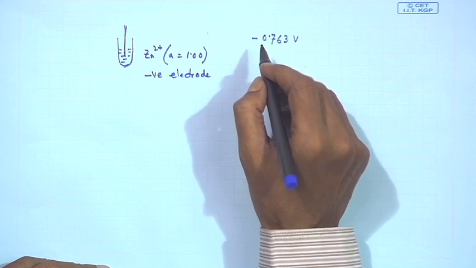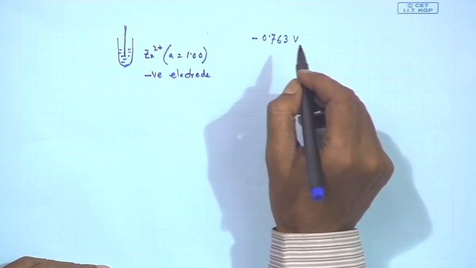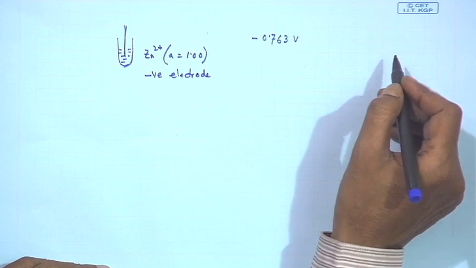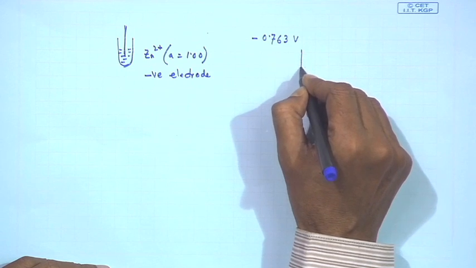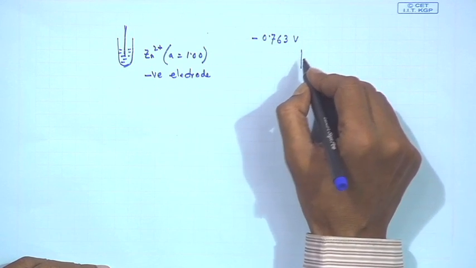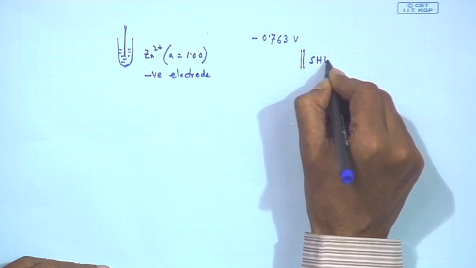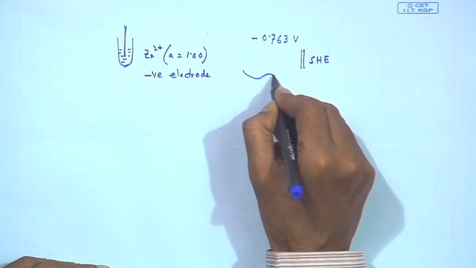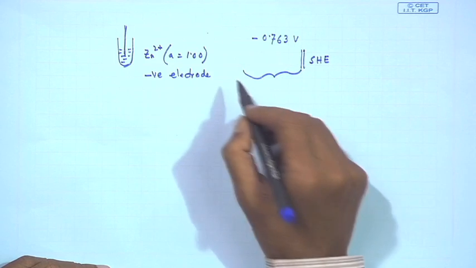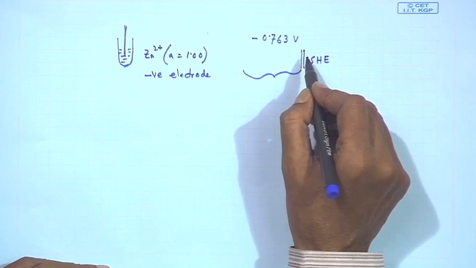So, the left hand electrode is paired with SHE. Now, SHE will be on the right hand side. What we have seen earlier is your SHE on the left, now your SHE will be on the right hand side, and your cadmium as well as the zinc electrode will be on the left.